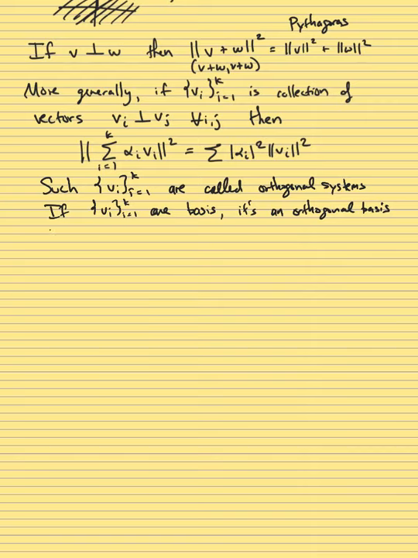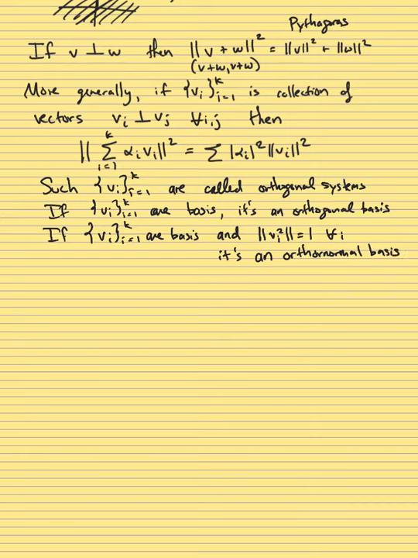Those also satisfy, if you have such v_i that are a basis and the norm of v_i squared is equal to 1 for all i, that it's an orthonormal basis. So an orthonormal basis is a basis where all the vectors are orthogonal and they all have length 1, i.e. it looks very much like the standard coordinate vectors in Rn.